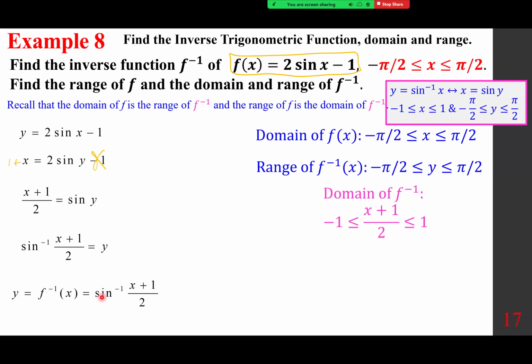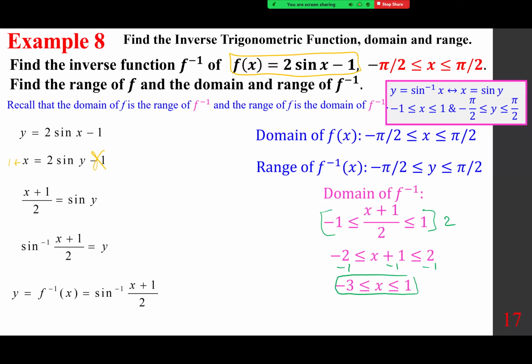So therefore, instead of x, any expression here is between negative 1 and 1. Let's multiply both sides by 2. We get minus 2 less than or equal to x plus 1 less than or equal to 2. Let's subtract 1. X is between negative 3 and 1.